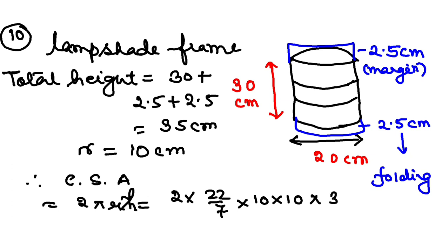So height is 35, so if you calculate, this will give you 2200 centimeter square. Alright, very easy. So all you have to understand over here is to add the margin, the height increases with our top and bottom. Alright, that is question number 10.